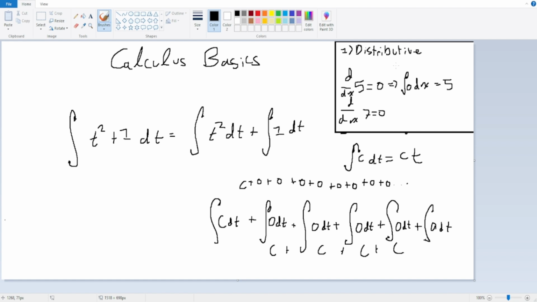But it's very, very, very important. If you forget it, it's bad. Because if you don't have the c, you're getting rid of... it's hard to explain, but see how we're integrating c here and we're integrating 0 here, and the integral of 0 turns into c. So this c is like one dimension higher than 0, in the world of integrals and derivatives.